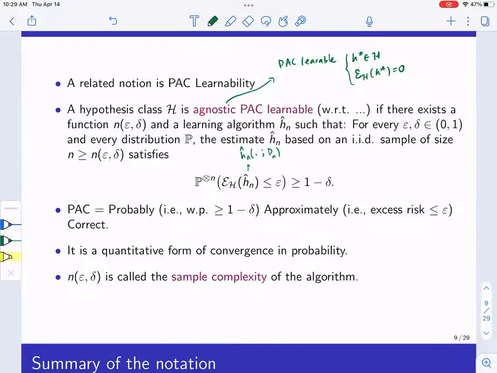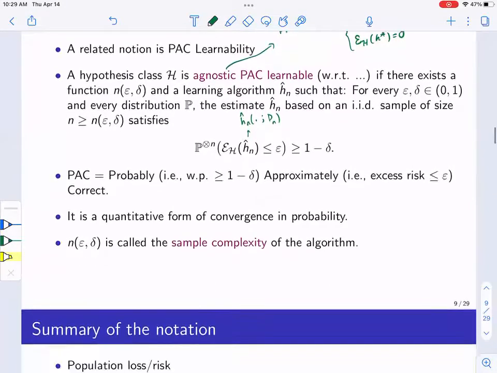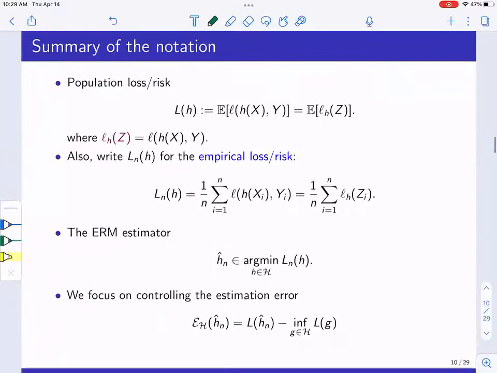Okay, just another set of notations, a summary of the notation. So population loss and risk is this guy. We're also going to introduce this notation for simplicity, L_H of Z, which is a loss between H and Z. Then I can simply write it that way.